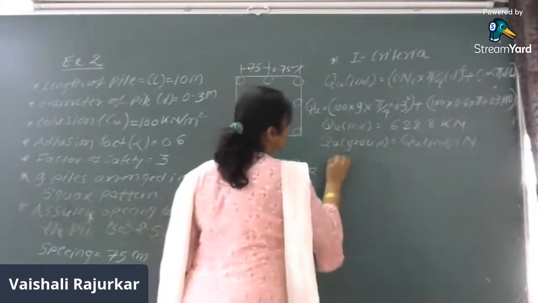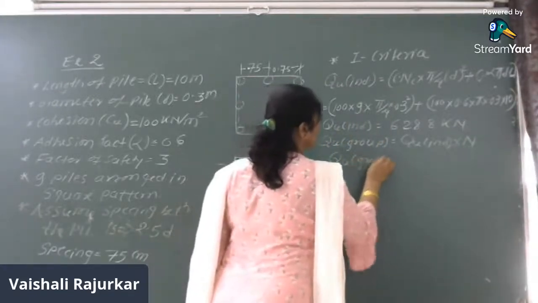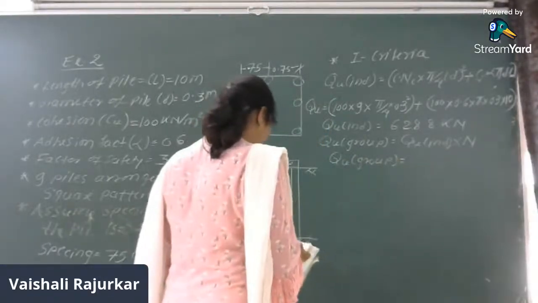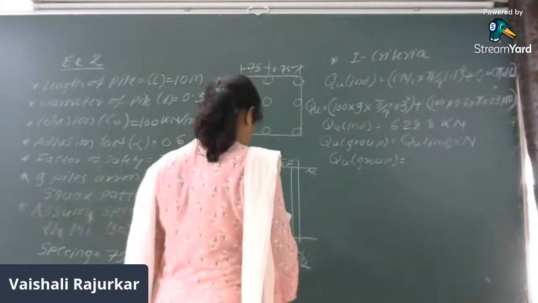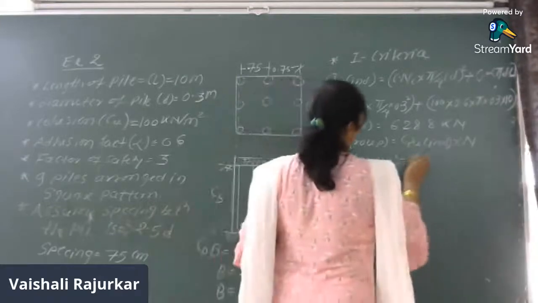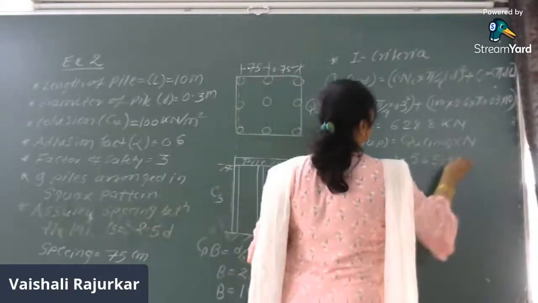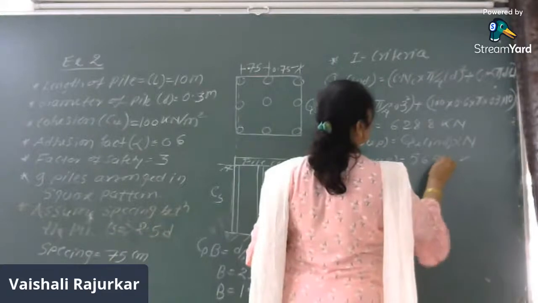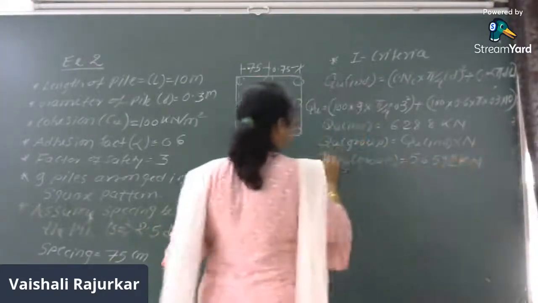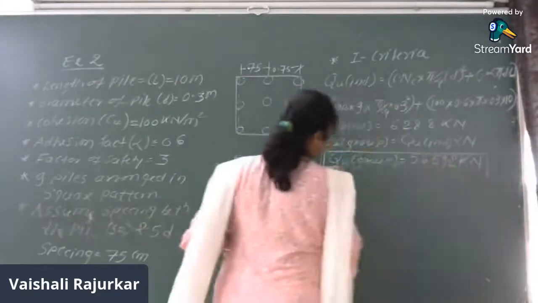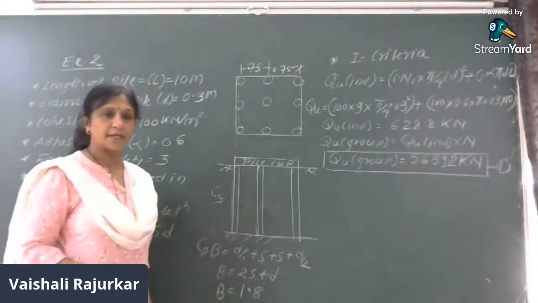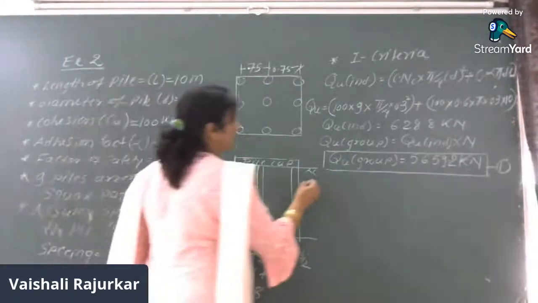So here this QU group is found to be 5659.2 kilonewton, and this is the value which is obtained by the first criteria. Now we will discuss the second criteria.